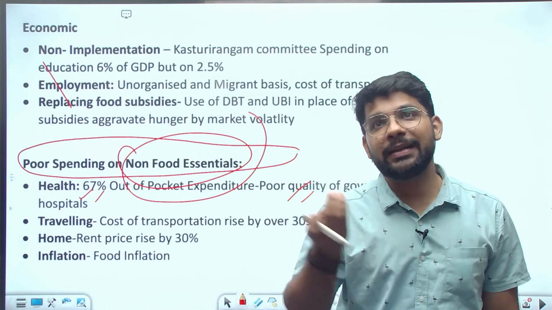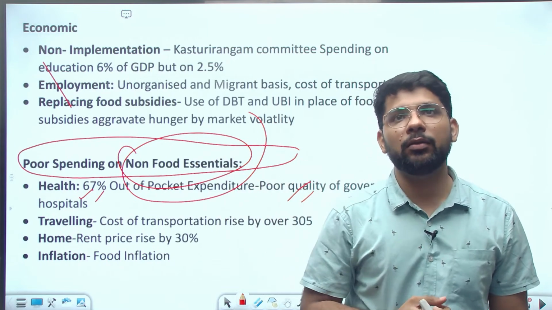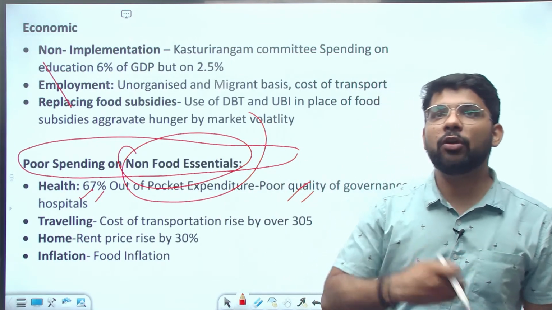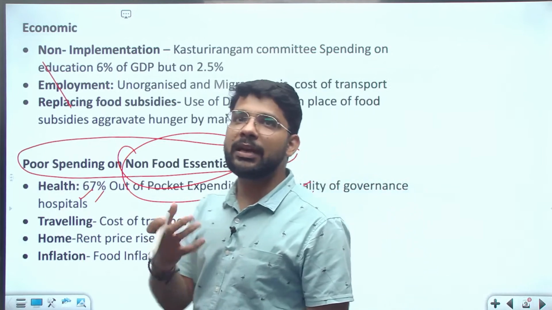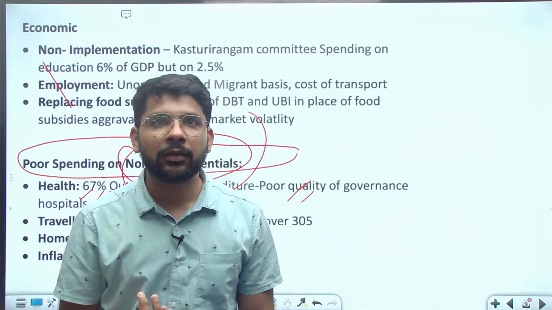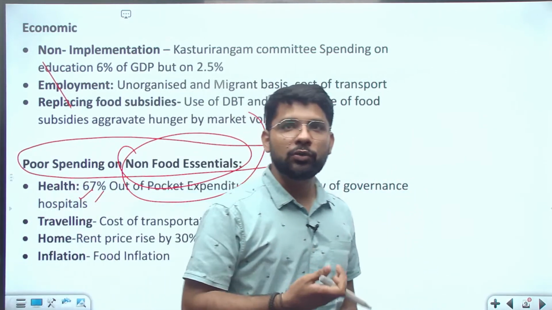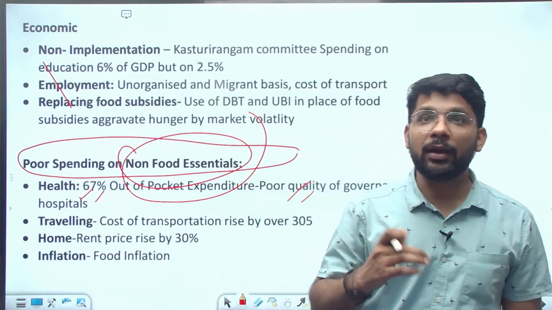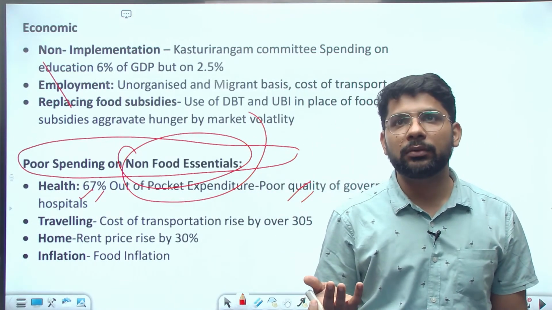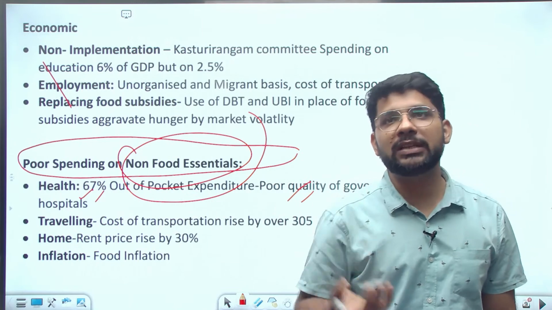So the spending of the poor is increasing on non-food essentials. I want to work, but in my village there is no working opportunity. Then I should go out from my village to a tier 1 city, where the rent has increased and the transportation cost is high.